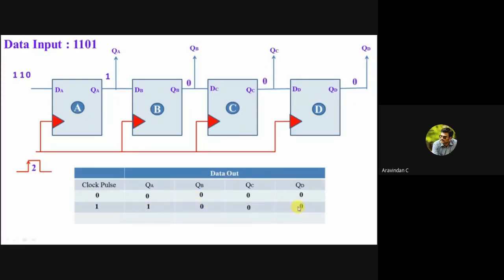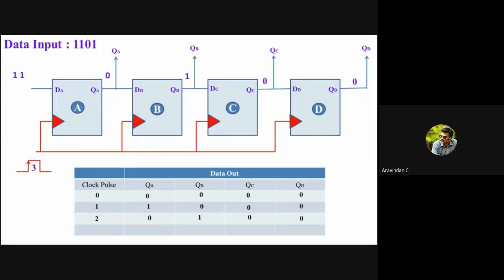This becomes 1, 0, 0, 0. During the second clock pulse, the next input is entered like that. QA becomes 0, QB becomes 1, QC becomes 0, and QD becomes 0. The second data output becomes 0, 1, 0, 0. How is it getting this? The 1 is shifted to here, and 0 is shifted to here, and this 0 is shifted to here.